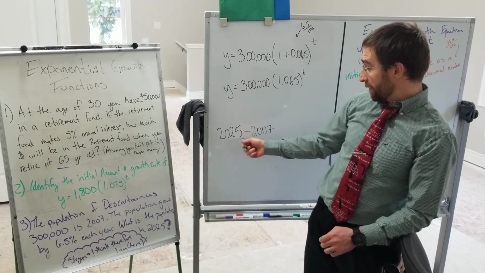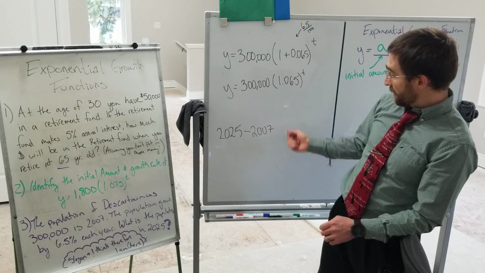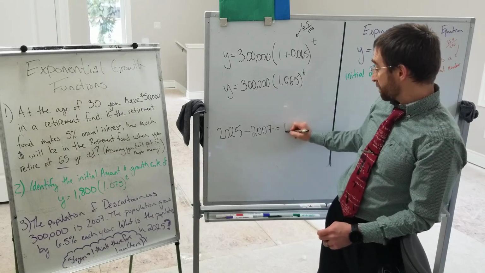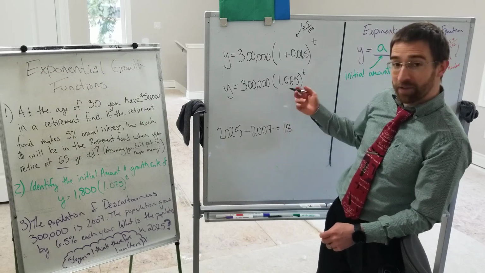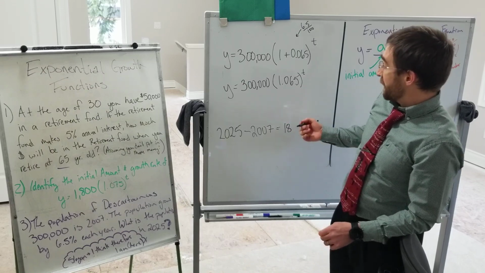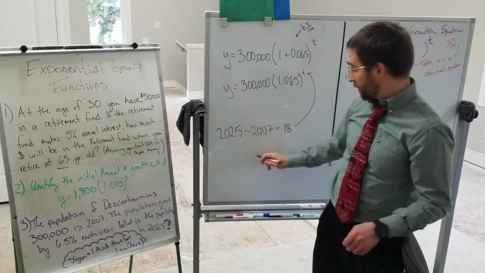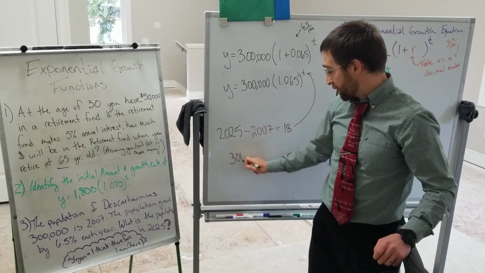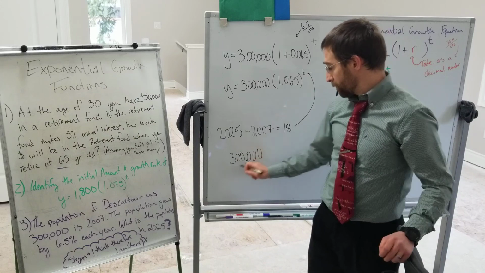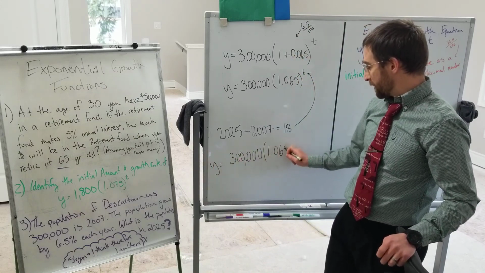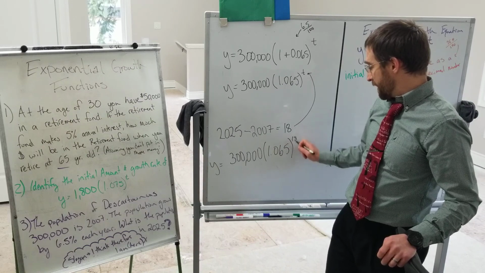Well, it's going to be what, 18 years? Yep, 18 and 7 will give me 25. And that means we have 18 for the t value. So I go y equals 300,000 times 1.065 to the 18.